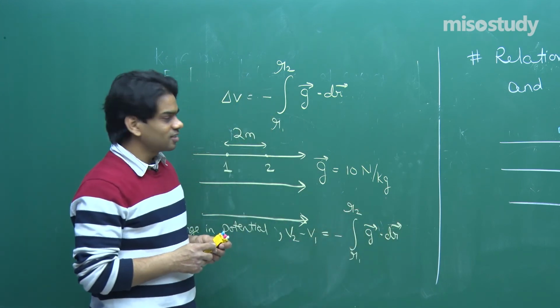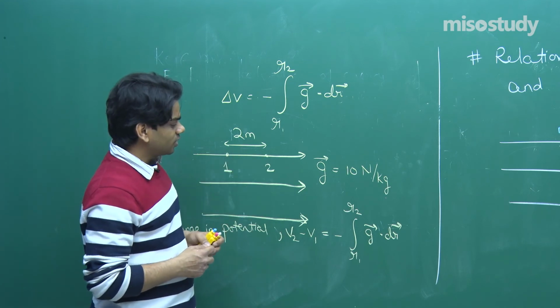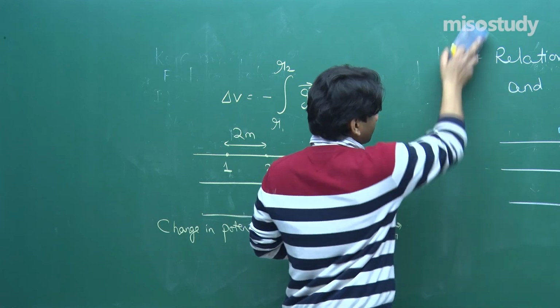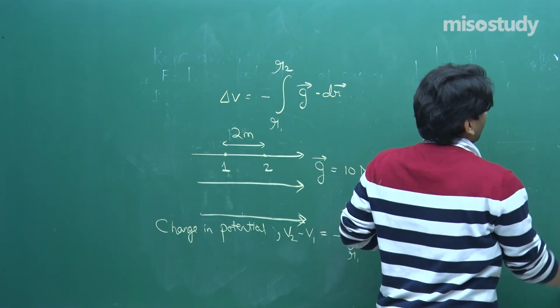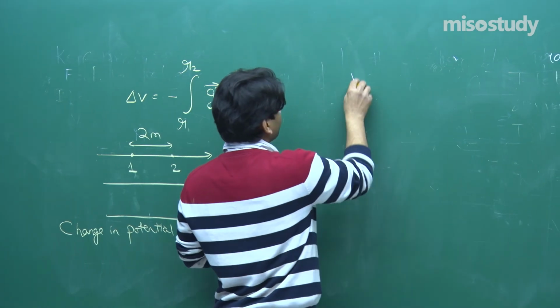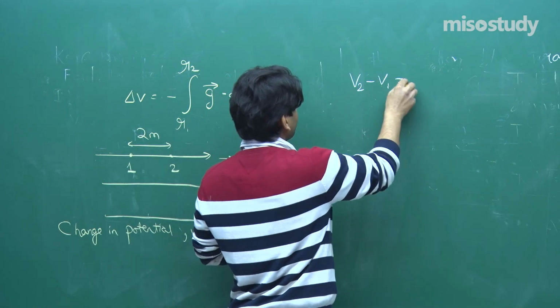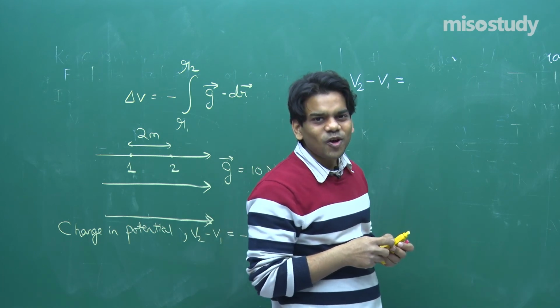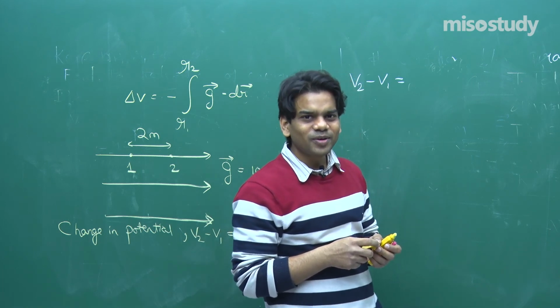g is constant, and dr is also on the same line. So V2 minus V1 is equal to minus integration of g dr. g is constant, you can take that outside, integrate dr, and we will get r.